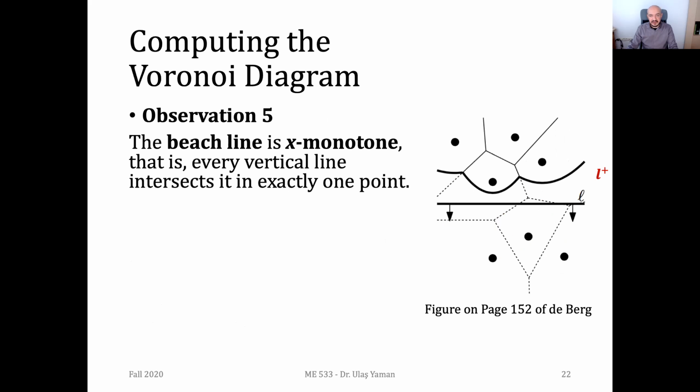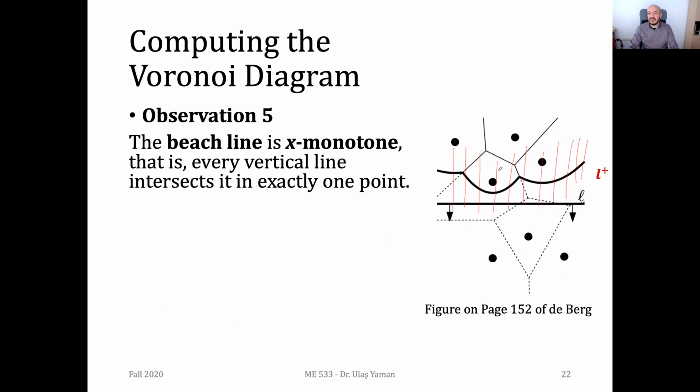Now we have another observation, a very simple one. The beach line is x-monotone, which means that any vertical line intersecting this beach line will only have a single intersection. You see, we don't have double or 3 intersections.